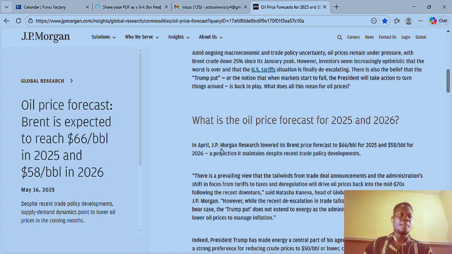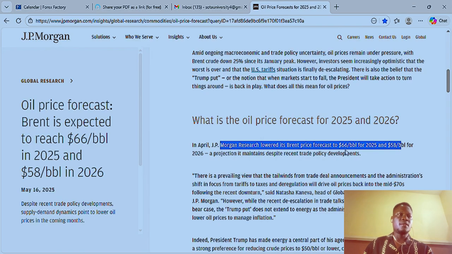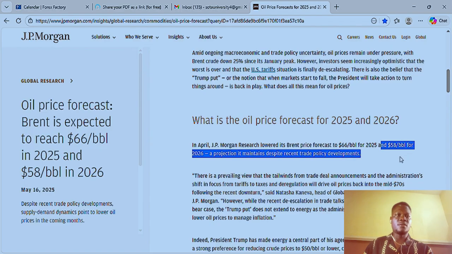In April, JP Morgan Research lowered its Brent price forecast to $66 per barrel for 2025 and $58 per barrel in 2026, a projection it maintains despite recent trade development. You hear that? A projection it maintained despite the recent policy, the recent development.